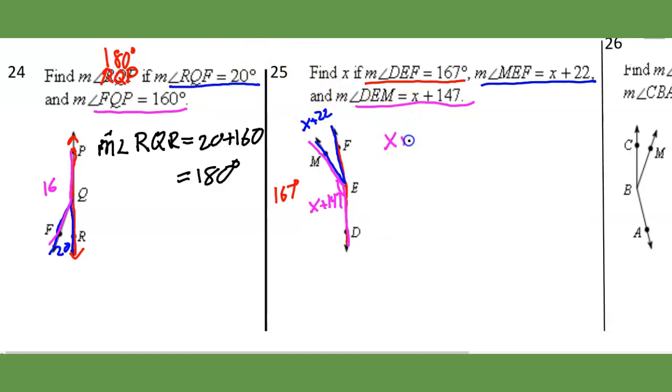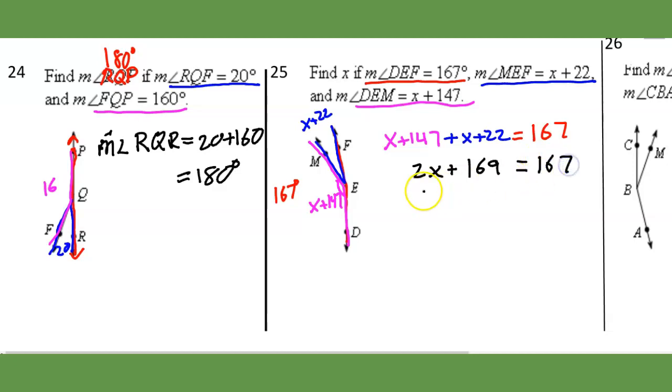We have x plus 147 plus x plus 22 will equal 167. So with a little algebra here, we'll have 2x plus 169 equals 167.